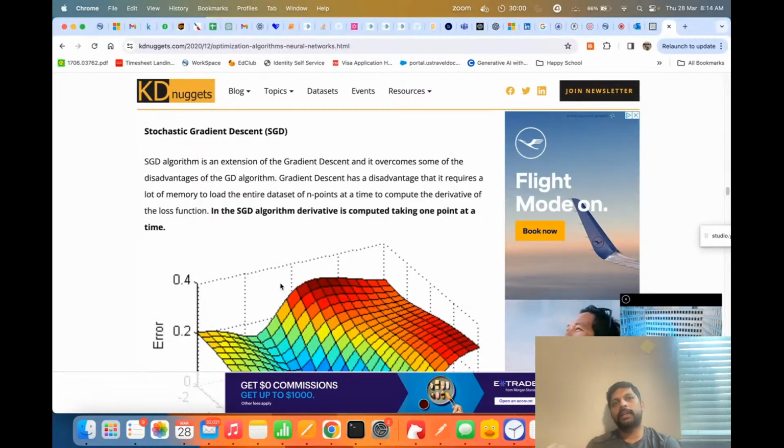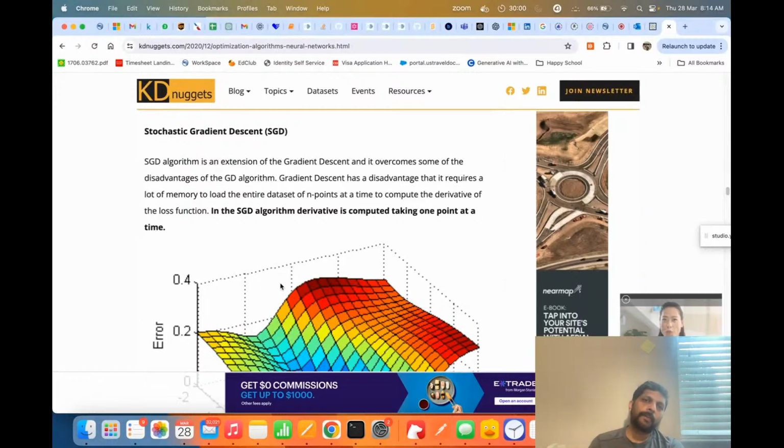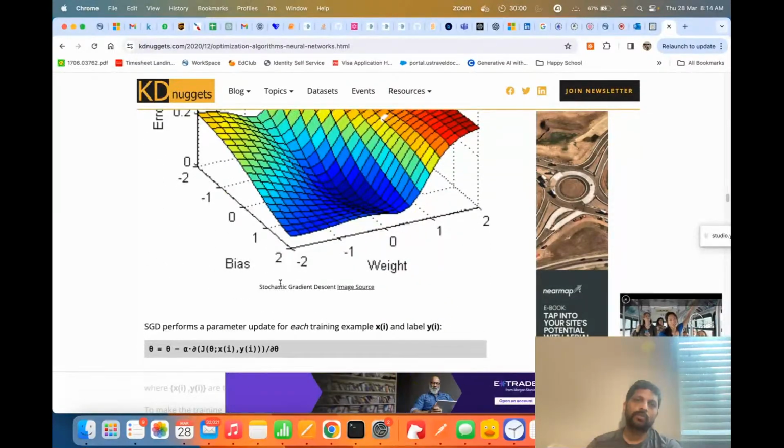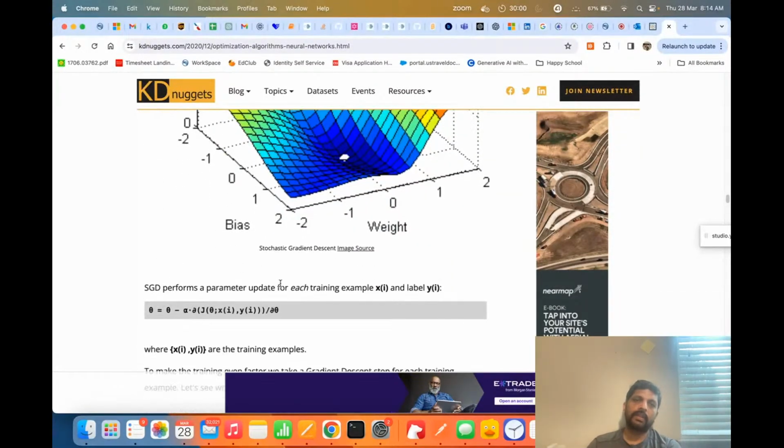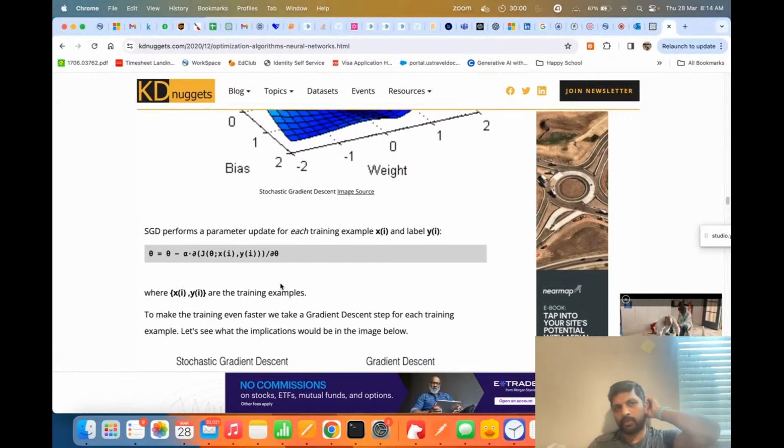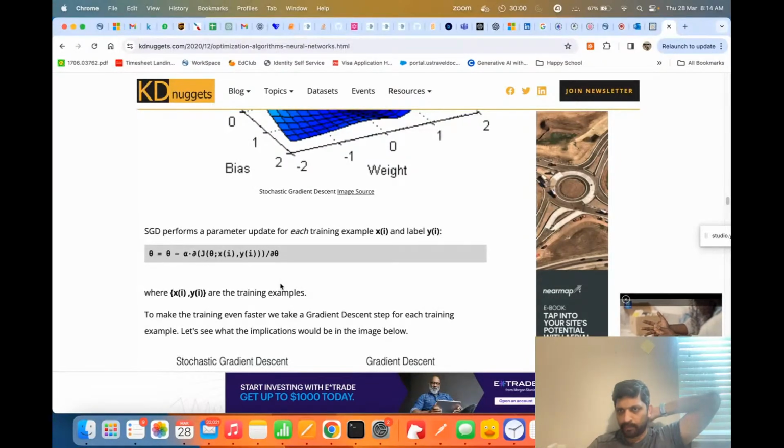The stochastic gradient descent algorithm is an extension of gradient descent and overcomes some of the disadvantages of GD. There is a lot of memory load in GD; in the SGD algorithm the derivative is computed taking one point at a time. So they don't go with all the points, they take one point. SGD performs a parameter update for each training example xi and label yi.